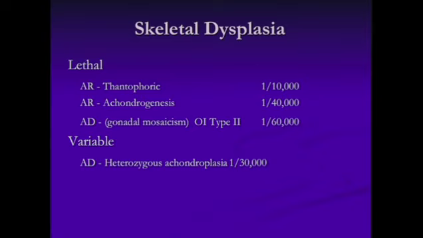Osteogenesis imperfecta type 2, I've shown you a lot of cases, and that's because we can diagnose that pretty easily when we see those long bones that are broken. But the incidence, it turns out, is only about 1 in 60,000. Now, heterozygous achondroplasia, you might say, how come that's the one I see most commonly walking around? And the answer is because that's the one that's compatible with life. It's not one of these lethal skeletal dysplasias.